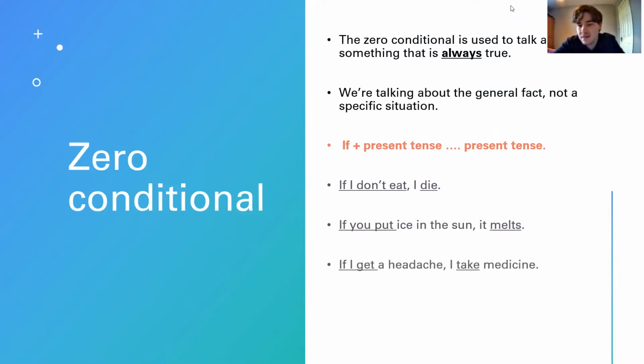If I get a headache, I take medicine. This is something that I would always do. I'm not talking about a specific headache. I'm just talking about all the time. Or if it rains, tennis practice is held in the gym. This is something that will always happen.